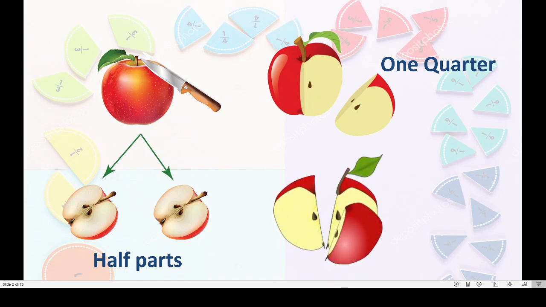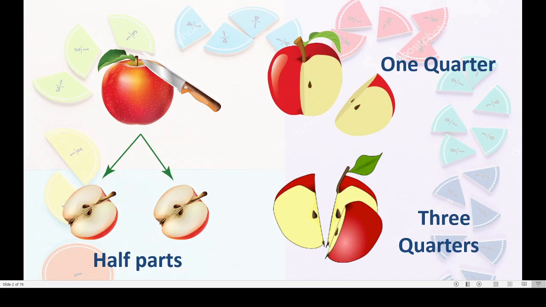Now, the rest 3 quarters are called 3/4. This you know and you learnt about this in the first part. That is half, quarter and 3/4. Right?